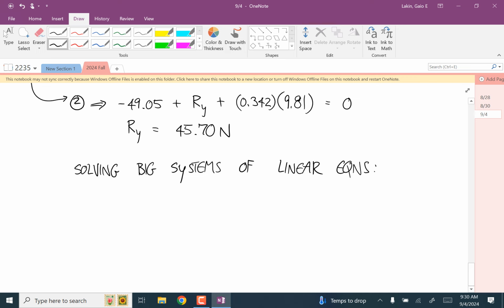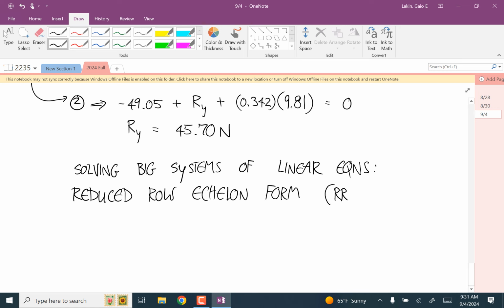And linear equations is all we're ever going to have in this class. And it's called reduced row echelon form. And it's abbreviated RREF.